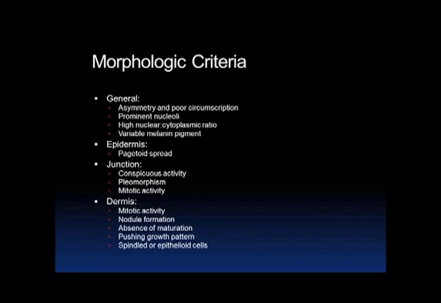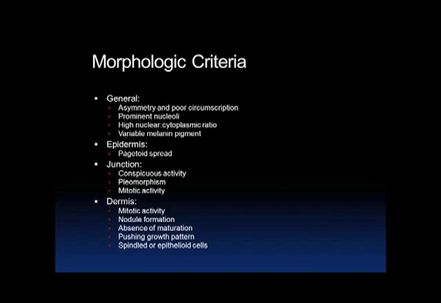Now, how do you diagnose melanoma? Well, you take a biopsy and then you look at it. The problem is that melanocytic lesions tend to have several criteria that can be overlapping in benign melanocytic lesions such as nevi and melanoma.